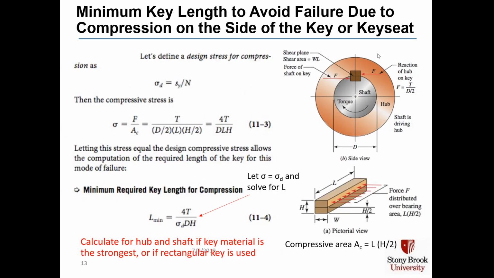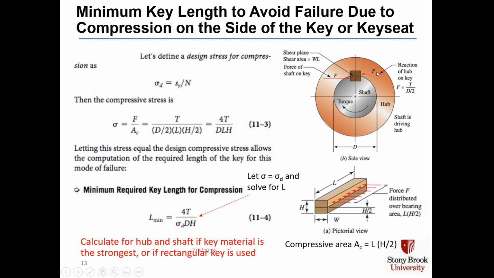We can also calculate a minimum key length in a rectangular key to avoid failure due to compression on the side of the key or the key seat. We have the same plan view of our shaft and hub, but taking a look at the key itself, we see that the force in compression is distributed over a bearing area, L the length times half the height.